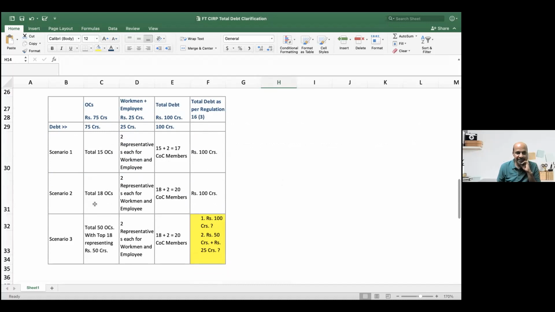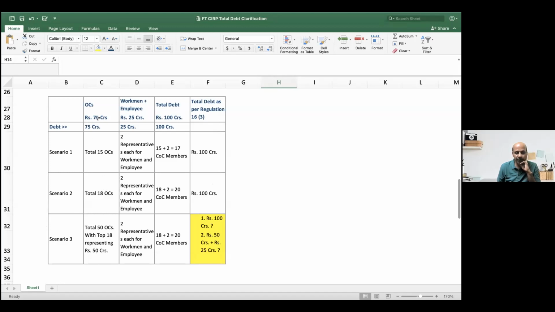Scenario number 2. Number of operational creditors are 18. And obviously workmen and employee continue to be 2. So 18 plus 2, you'll have 20 as COC members and total debt would be 100 crores. Now in scenario 3, let's say, for example, we have total 50 operational creditors in numbers, with top 18 representing rupees 50 crores.